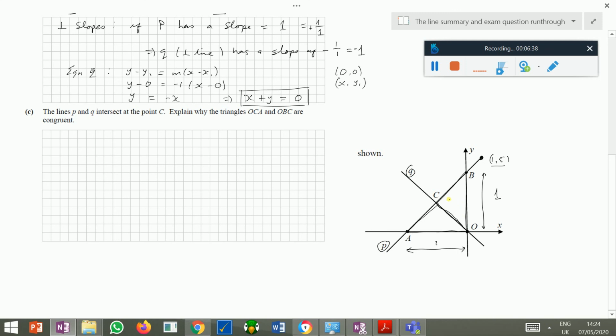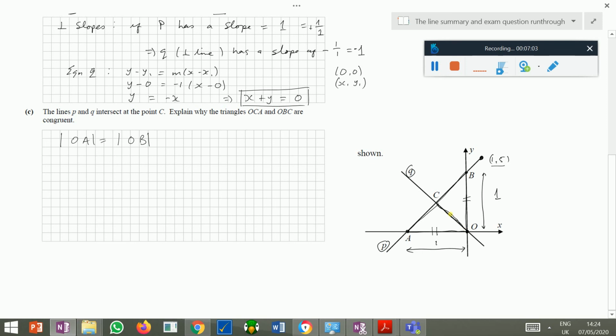Now, congruent means the sides are the same length and the angles are the same size. So first of all, we know this line here is the same as this line here. That was given to us at the start. So we're going to say the length of OA is equal to the length of OB.